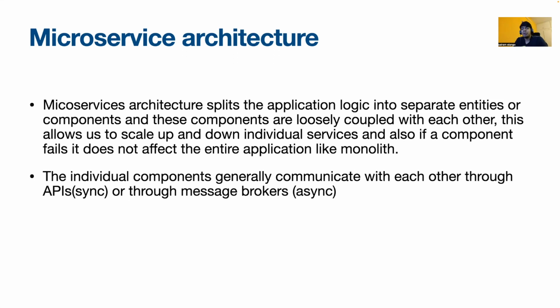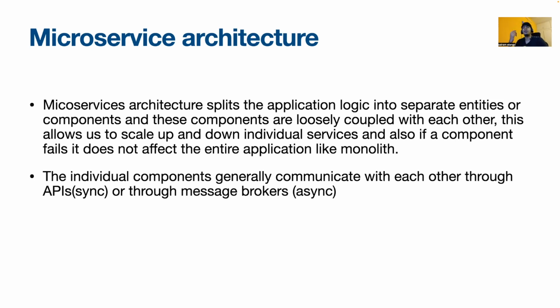So each module or functionality serves an individual purpose, and these different microservices communicate with each other through HTTP requests over API calls. This is the most common method that microservices use to communicate with the individual components or modules, and it is synchronous in nature.